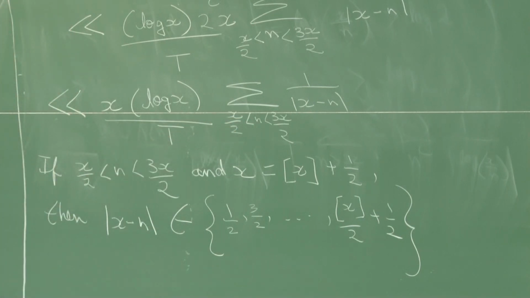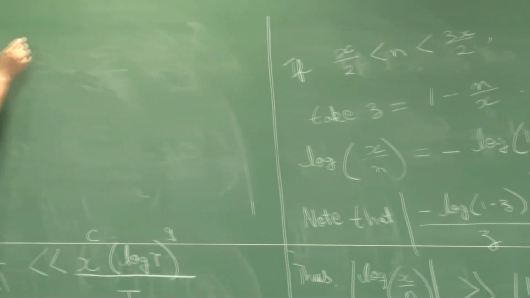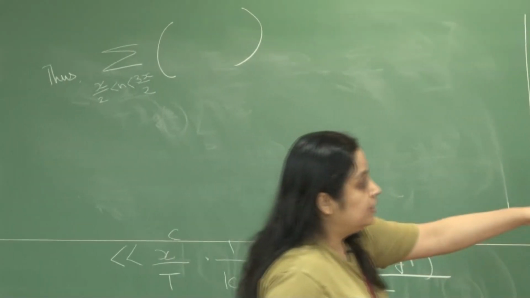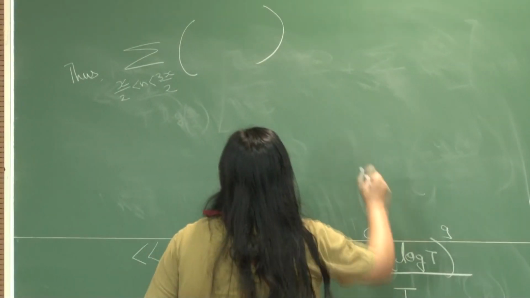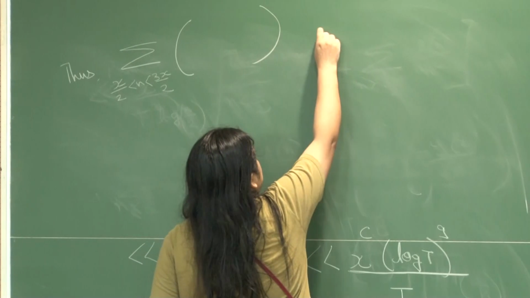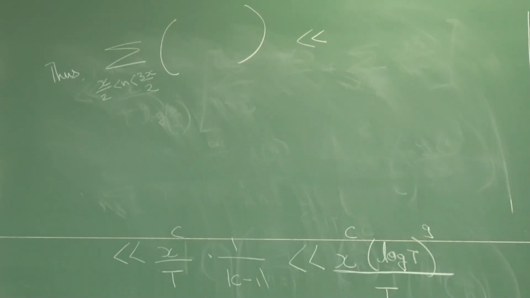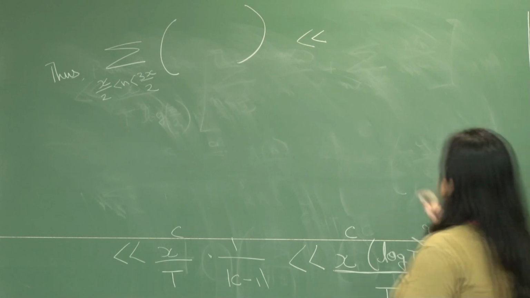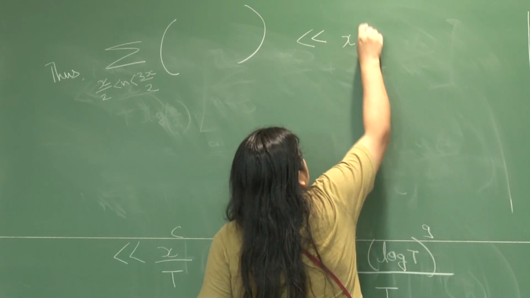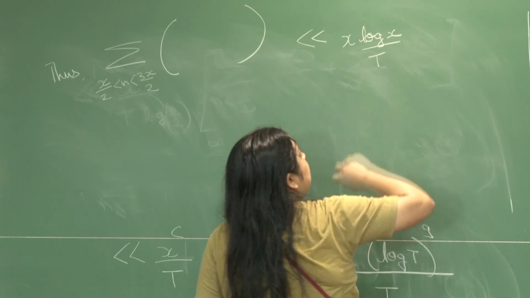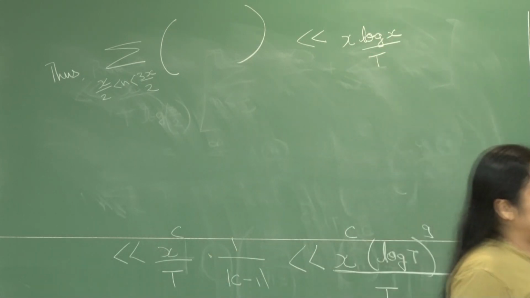And so, this tells you that the sum of the terms that you are after in this regime, x by 2 less than n less than 3x by 2, is less than x log x over T into, what do you have?